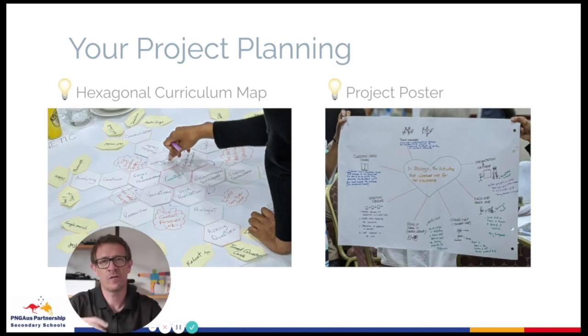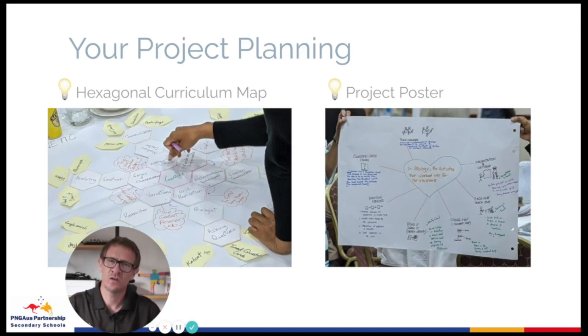In here, you might represent how you're going to give your students choice, or how you might be aligned to some of the other principles of a learner-centered approach. And we're going to use a poster format to present to others and share with others so that we can get some feedback as well. These are the 2 main parts of our planning.